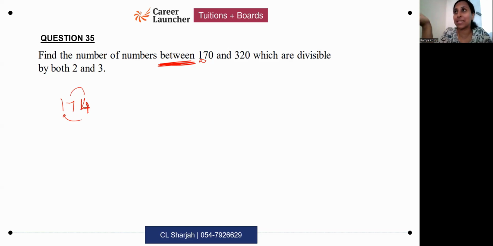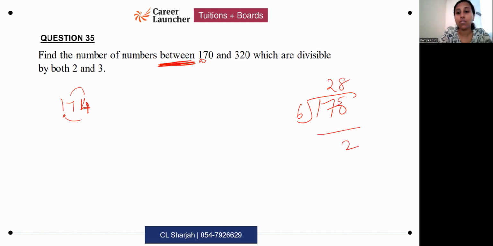It's divisible by 6. If you don't understand all this, what you're supposed to do is 170 divided by 6. Okay? When you do 170 divided by 6, you get 28 and the remainder is 2.